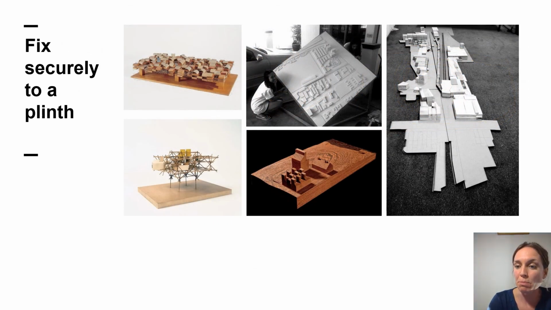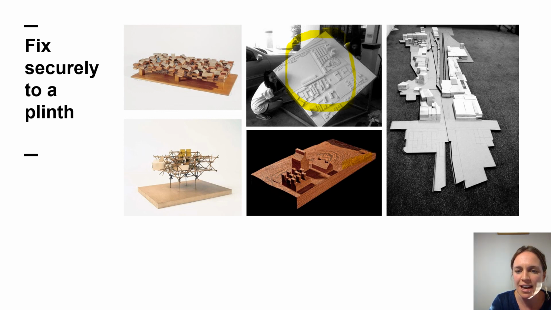And then finally, the plinth. So a plinth is essentially a sturdy base that you can secure your model onto. It helps from a logistical perspective in terms of carrying it on the bus or the train or in the car or in wind when you're walking up the university promenade. And it also helps to present it. Your plinth might be made, as you can see here, of card, a piece of thick card or a card box.